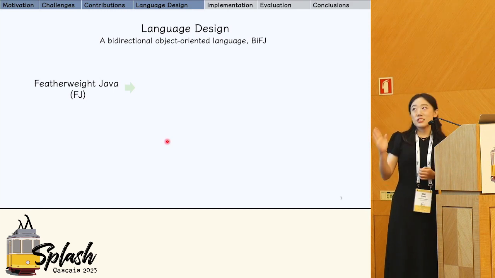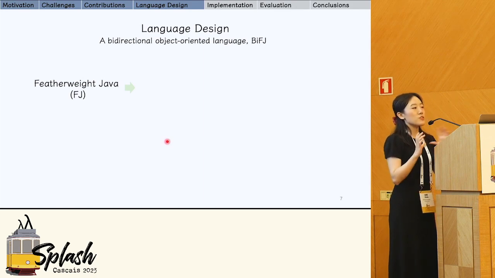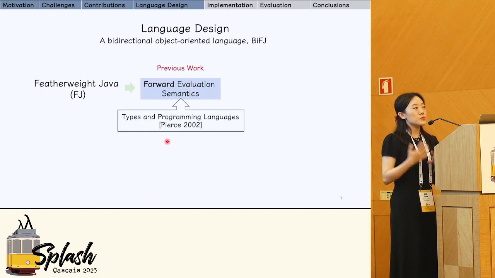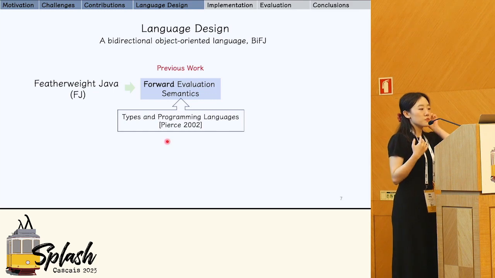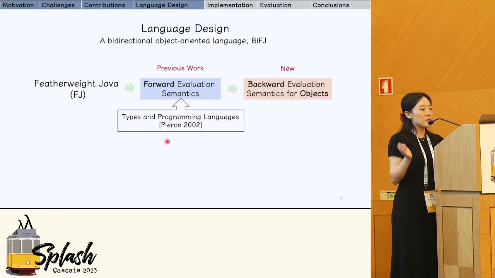As the name suggests, BiFJ is derived from a core object-oriented language called Featherweight Java. Its forward semantics can be found in the book, Types and Programming Languages. Based on these forward semantics, we give a backward semantics for it, and we prove its correctness.